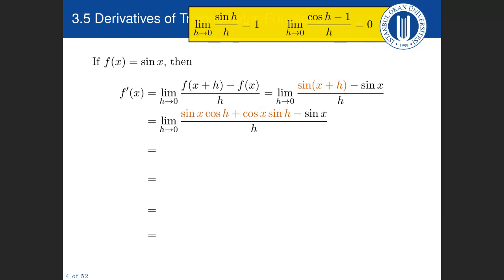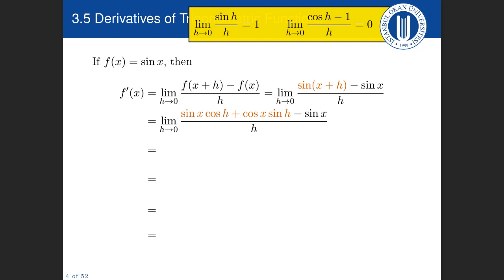So we have the limit as h tends to 0 of sine x plus h minus sine x divided by h. Using the first formula from the previous slide, which I'm writing in orange, that's the same as the limit as h tends to 0 of sine x cos h plus cos x sine h minus sine x over h.